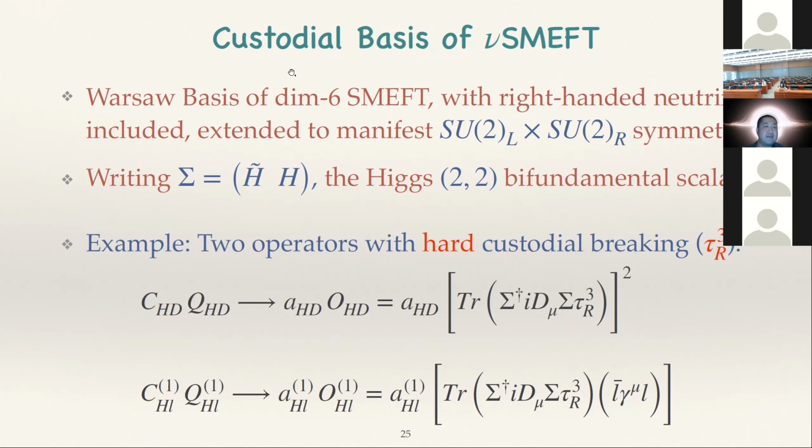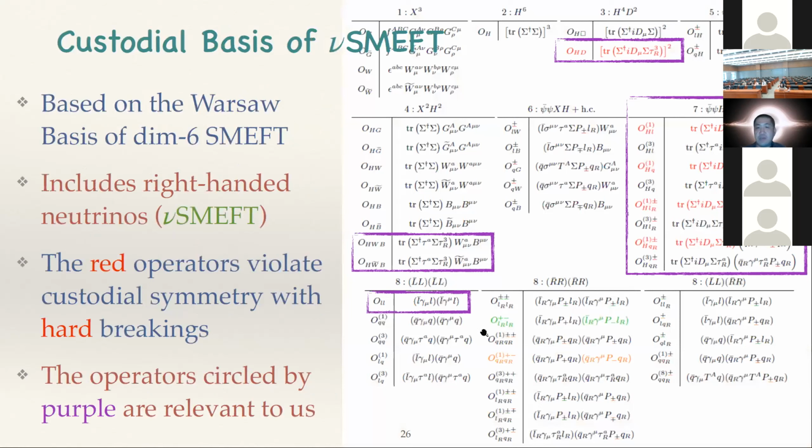So here this table, lots of people here immediately recognize, right? This is the Warsaw basis table. Well, it's pretty much the same, but now it's in our custodial basis. So the operators are changed into custodial basis operators. These are based on the Warsaw basis. They include right-handed neutrinos.